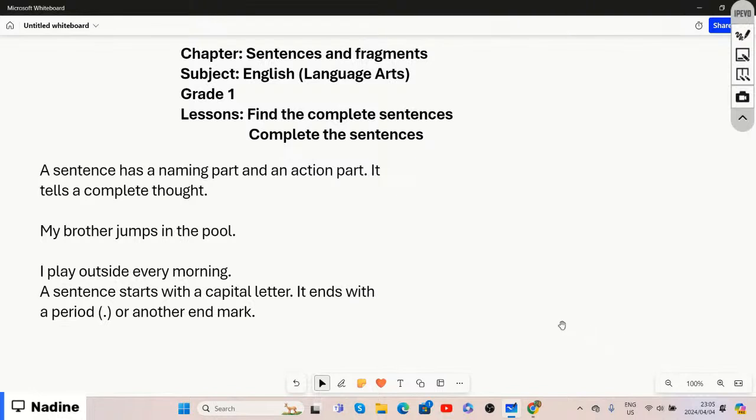The lessons that we are going to focus on under this chapter are to find the complete sentences and to complete the sentences.